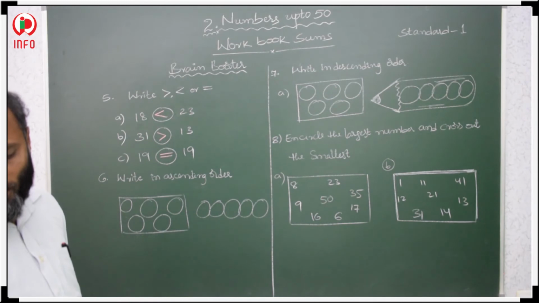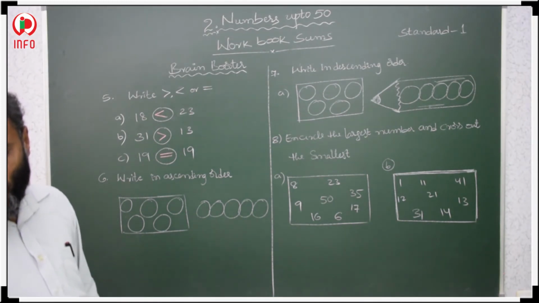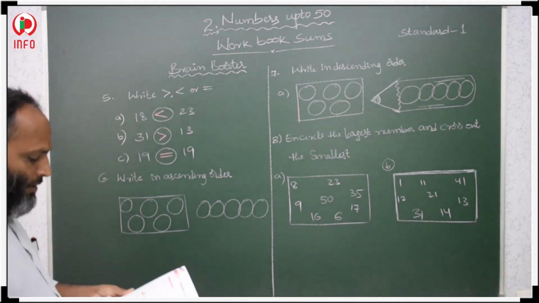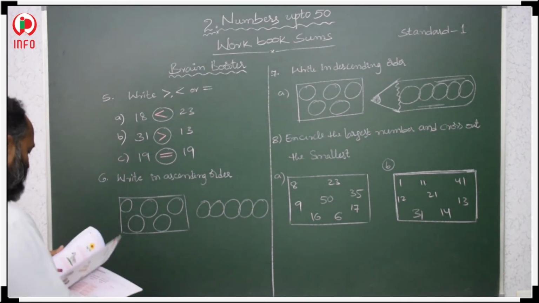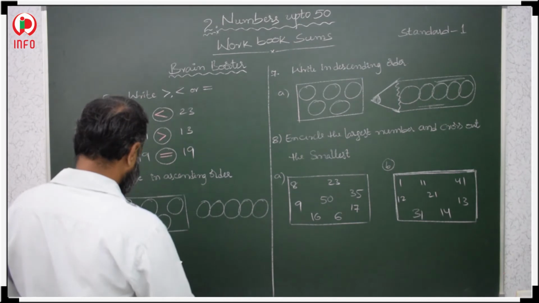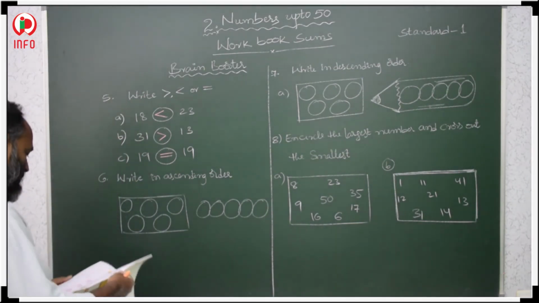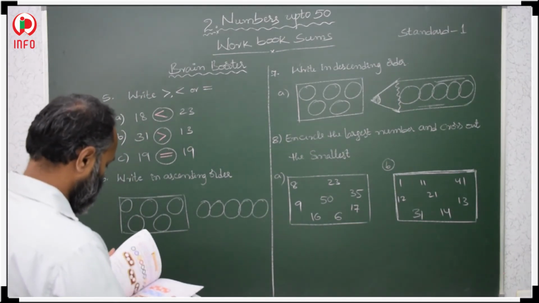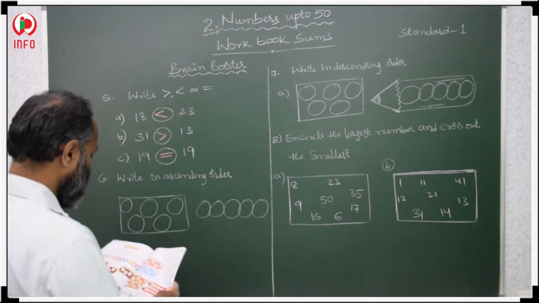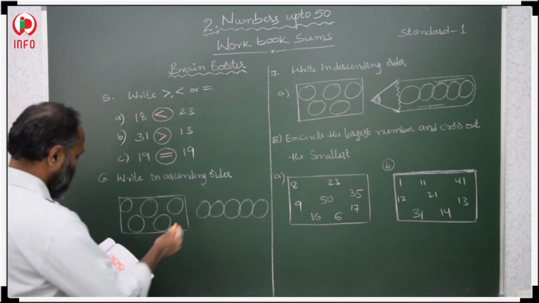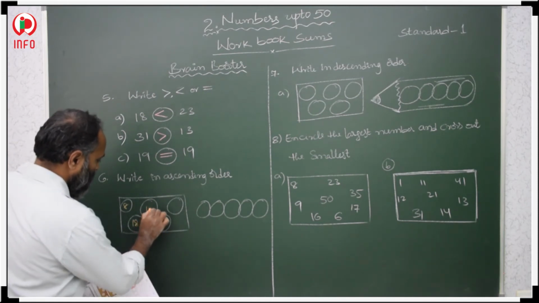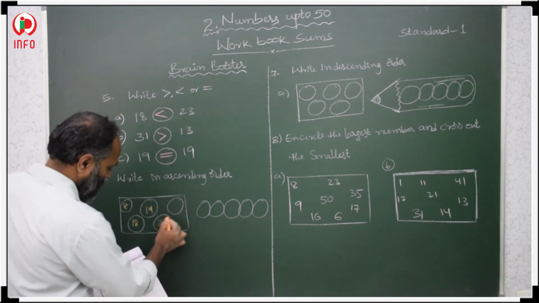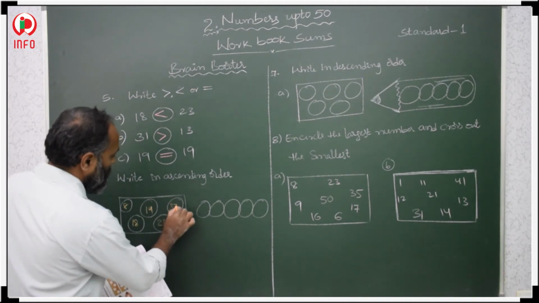Then after that, some questions are given. So what questions are given here? I am going to show you. Some numerals are given: 8, 18, 14, 23 and 37.